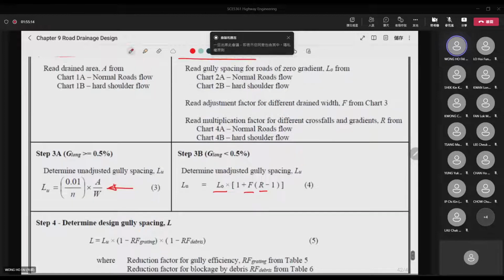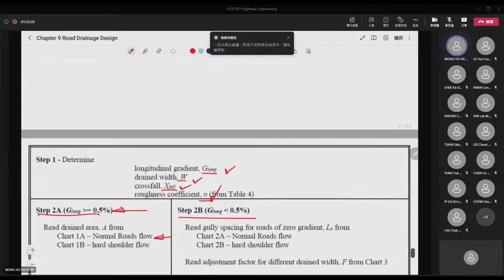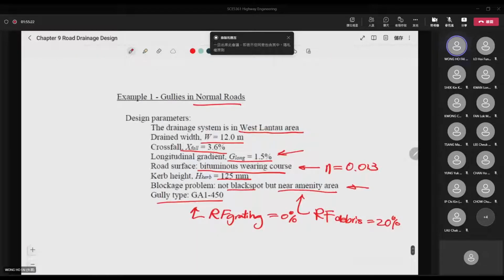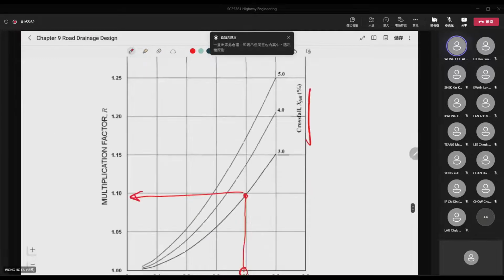Then it is the normal road, so we can take a look at chart 1A. W is equal to 12 meter. Then we can take a look at chart 1A.